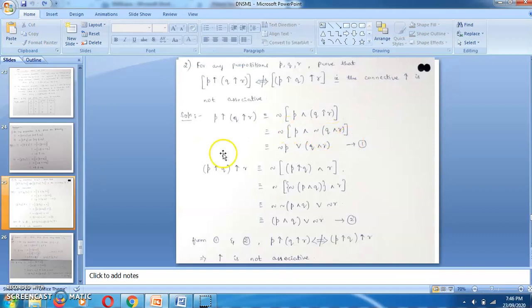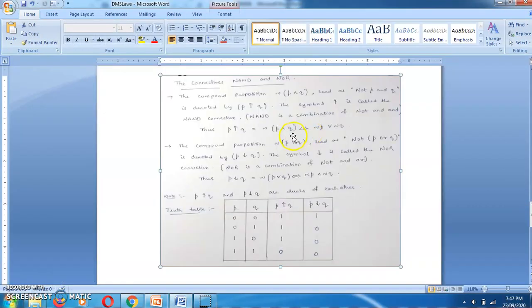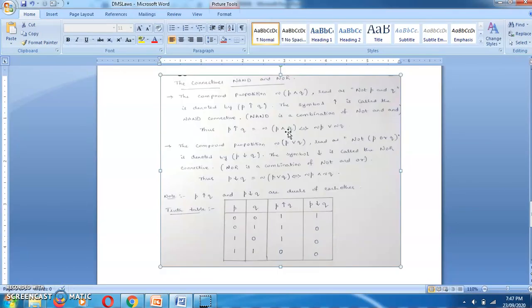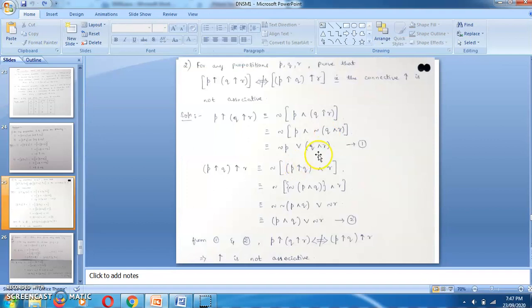So now negation of (p and q) can be written in this form. Negation of (p and q) you can easily write as negation of p or negation of q.